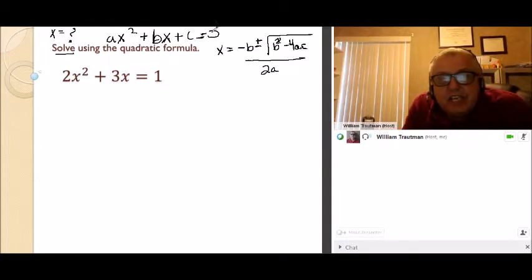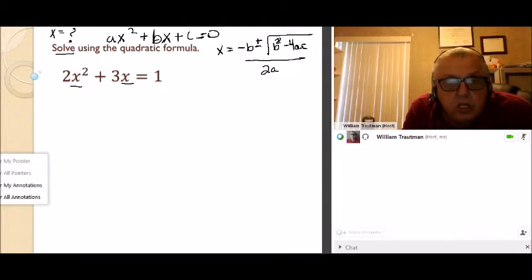In other words, everything has to be on one side and then 0 on the other. So I have the x squared and the x, and I need to take the 1 over to the left-hand side to get a 0 on the right.